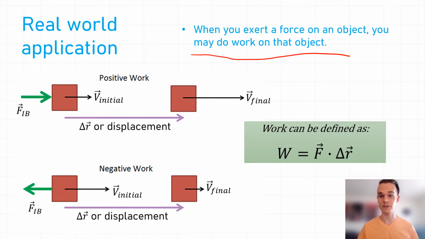If we use the dot product to define work, the work is defined as the dot product between the force vector that is exerted on the object and the displacement vector of that object. So work can be defined as the dot product between two vectors.